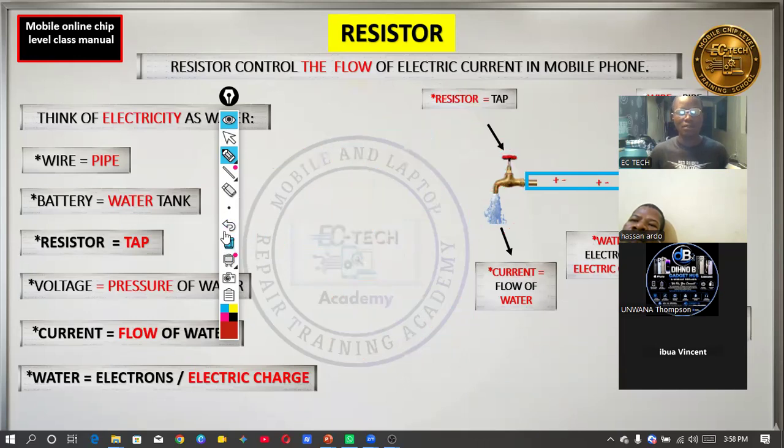So now coming back to the resistor. This is a pipe. You will check the last class. Sir, the diagram looks like the coil and the resistor have a similar schematic symbol.